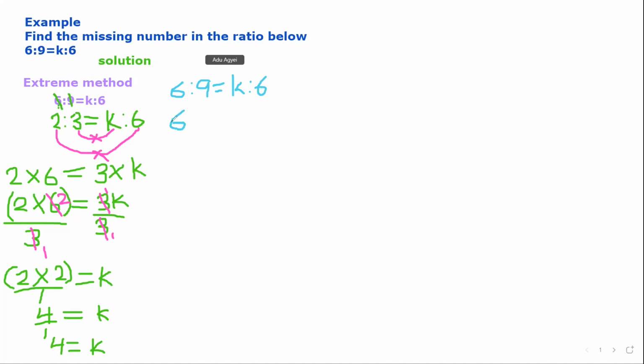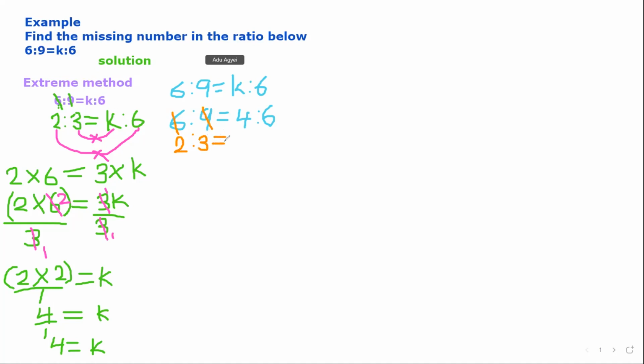Now we have the 6 to 9 here must be equal to 4 to 6. These two ratios can also be broken down into its simplest form. Now you find a common number to cancel the 6 to 9, and that is 3. 3 goes here, 2, and then 3 goes here, 3.